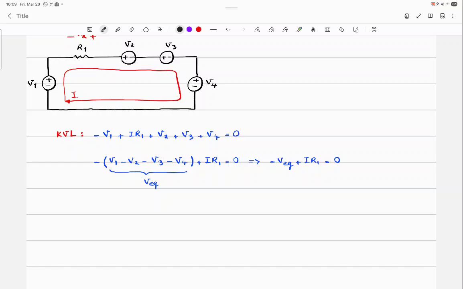Where should I start with? With a voltage source, right? What's the value of the voltage source? VEQ. Then? Let's talk about that later. What's the next element? A resistor.